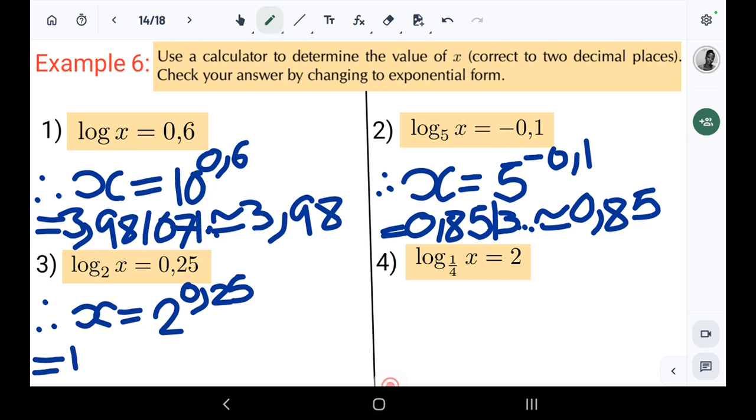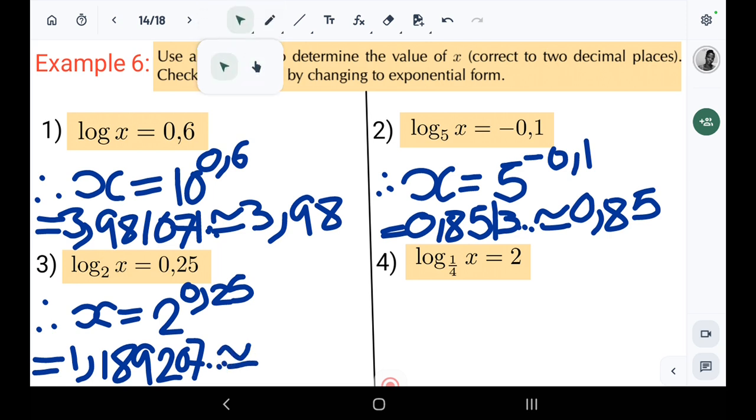That is 1.189207 and so on, which is approximately, rounding off correct to 2 decimals, 1.19. That's how you round off. Go to that video in reference if you need help with how to round off.